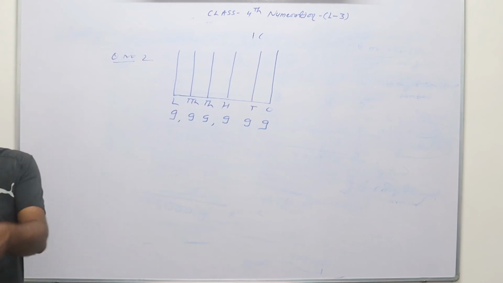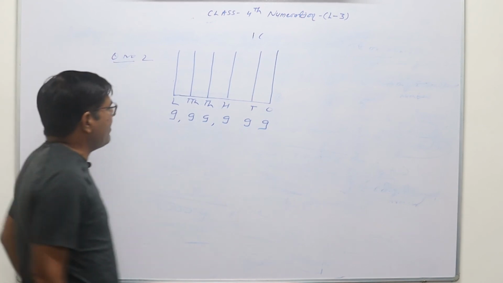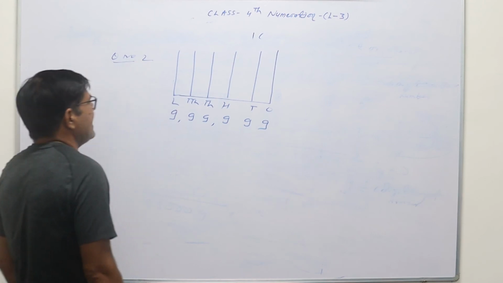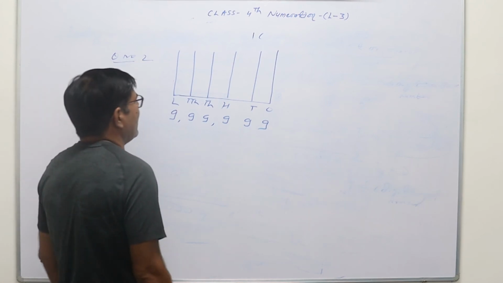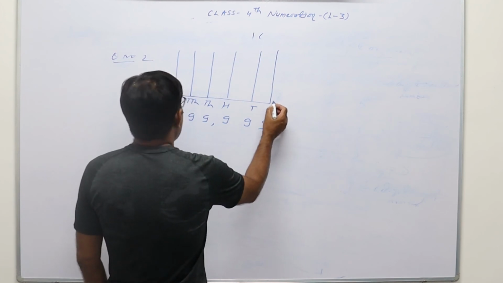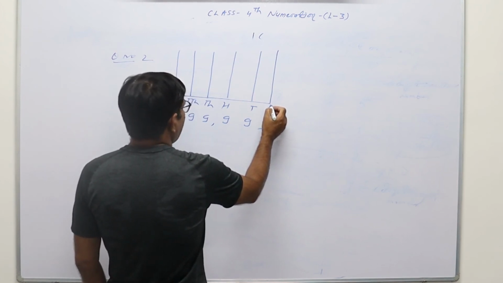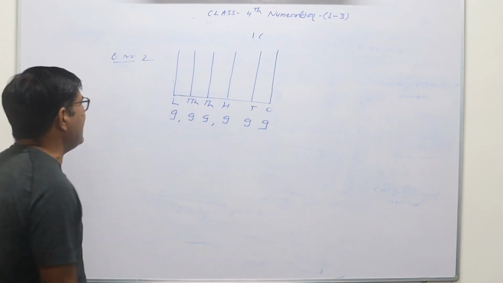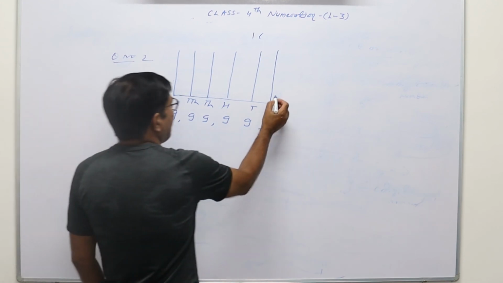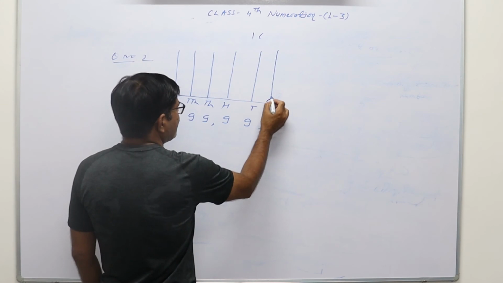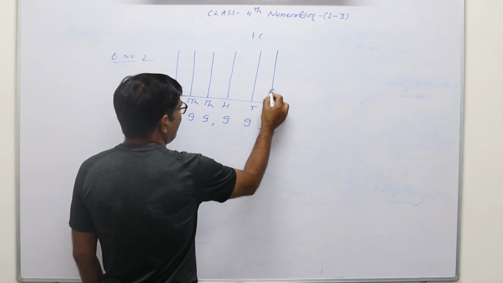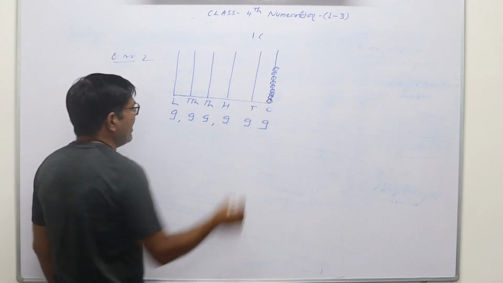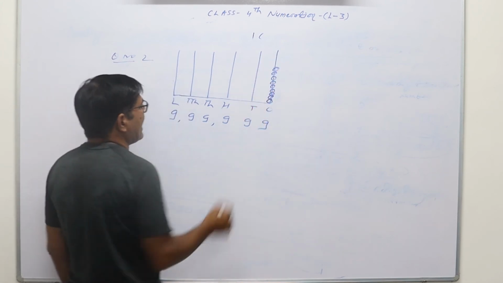So this one is the 6-digit largest number. Now every digit is 9, so we will make 9 beads at every place, that is at ones, tens, hundreds, thousands, ten thousands and lakh.